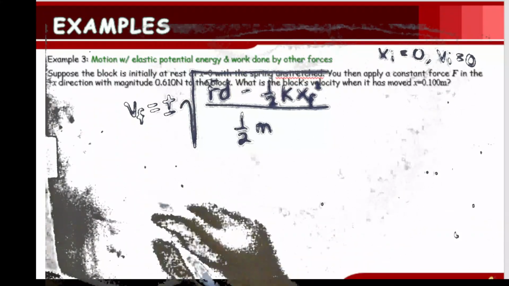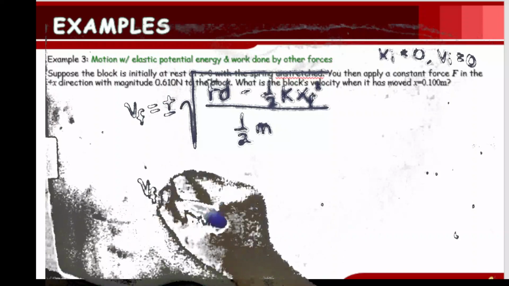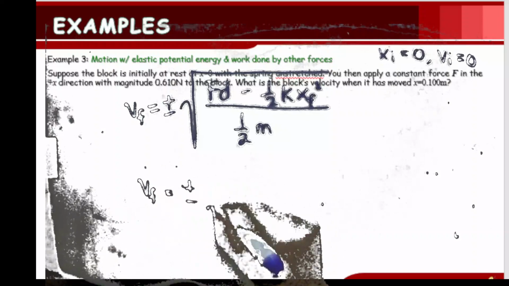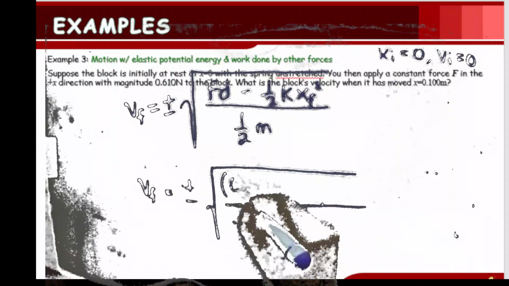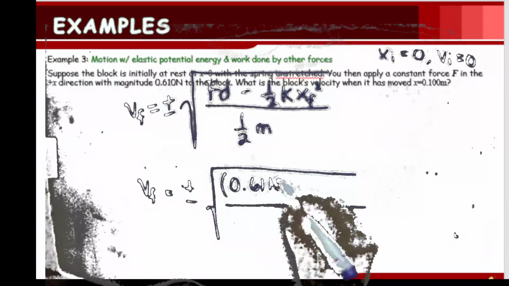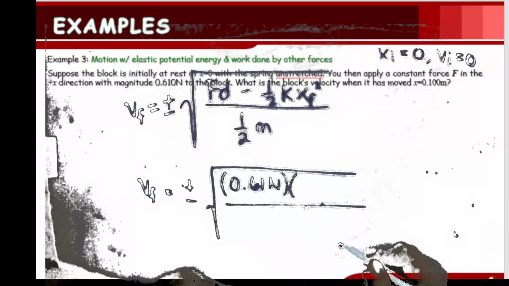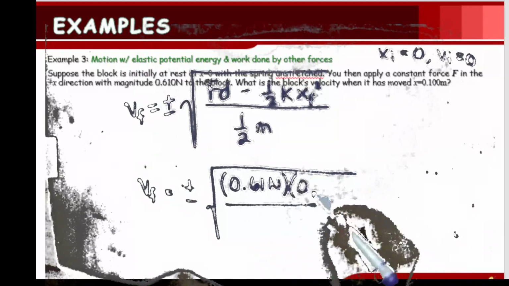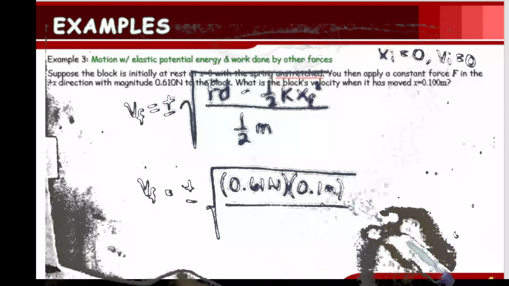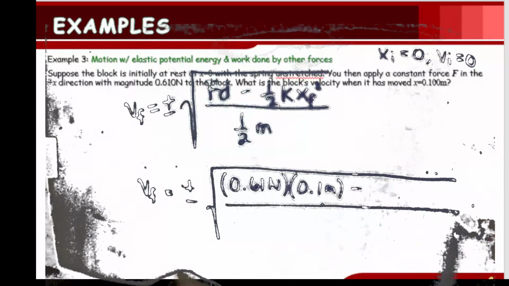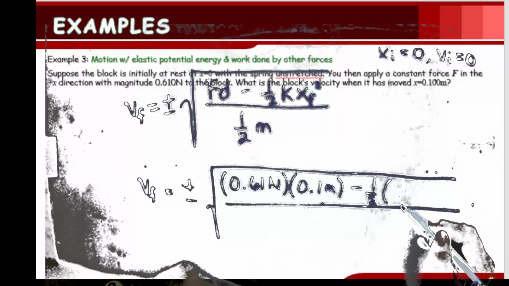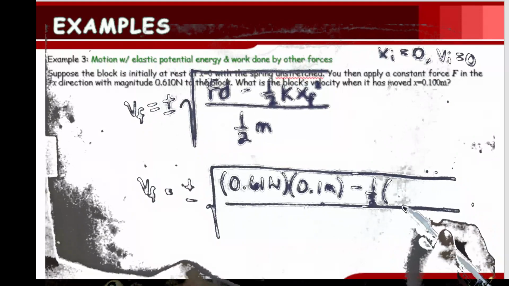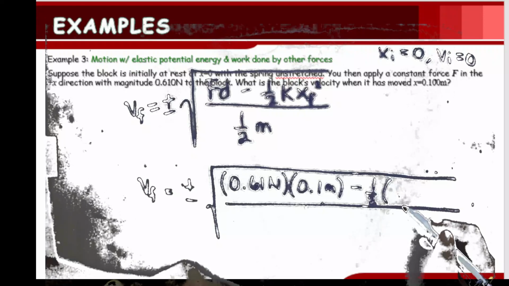Okay, next, we will substitute the values. The final velocity will be plus minus the square root of, okay, the force is 0.61 Newton. And then the distance is, it has moved 0.1 meter, minus 1 half k.